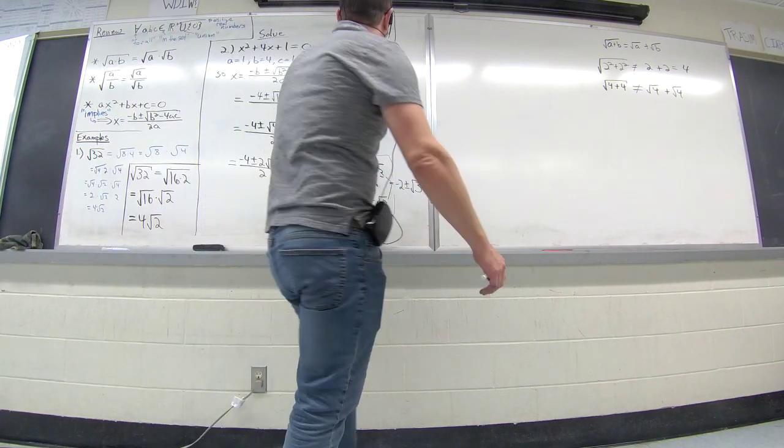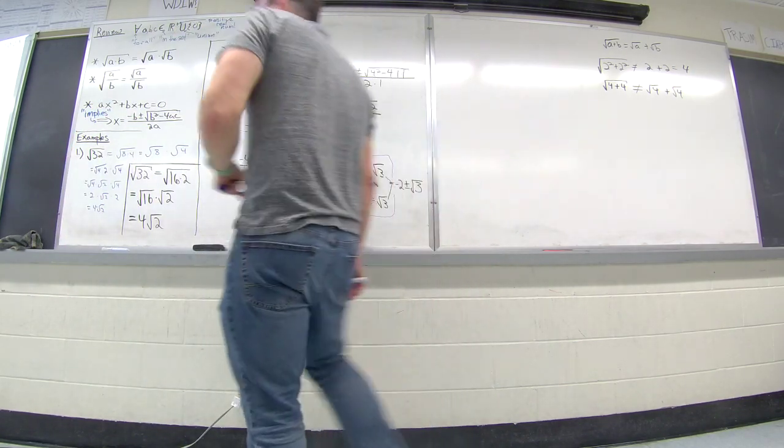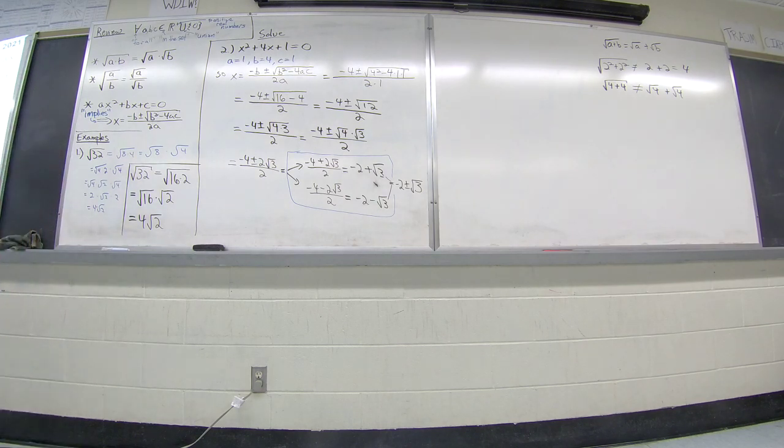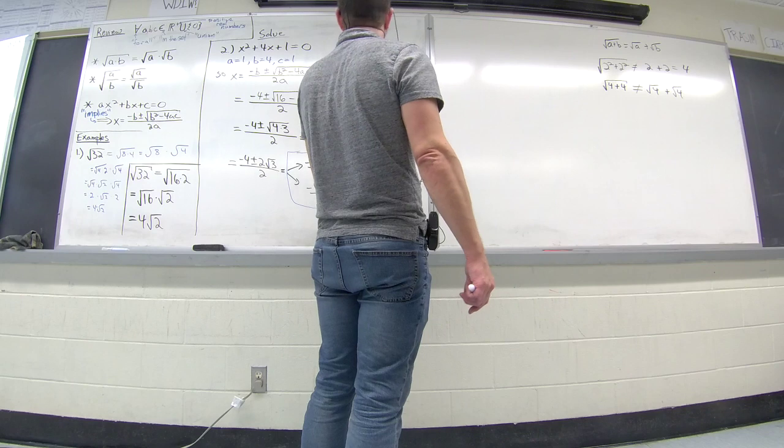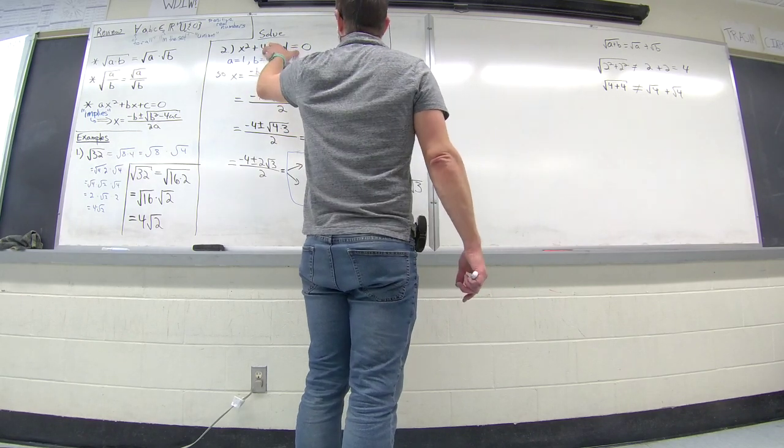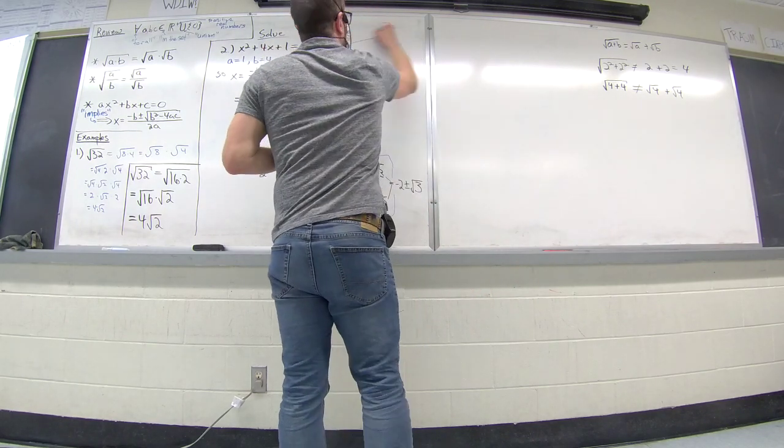Okay. What I did want to do in the last 2 minutes is check and confirm that this thing works. That this -2 plus root 3 or -2 minus root 3 actually solves this equation, right? That's the claim.